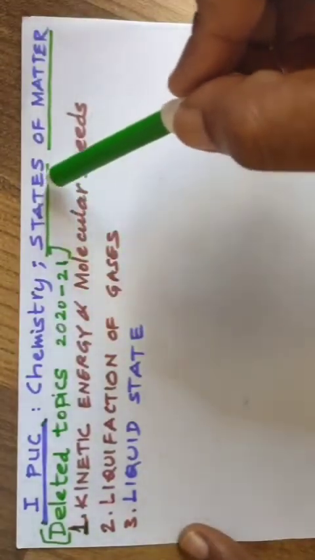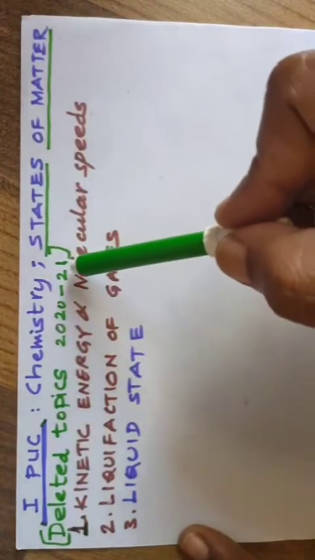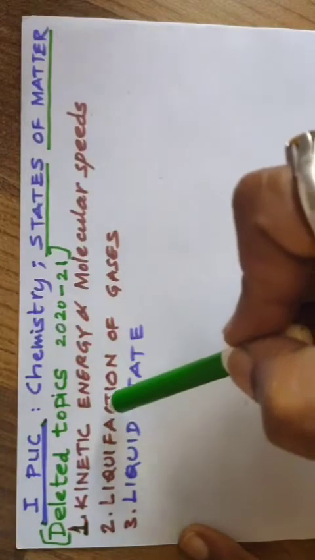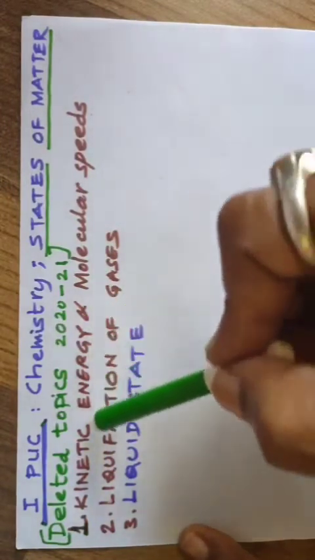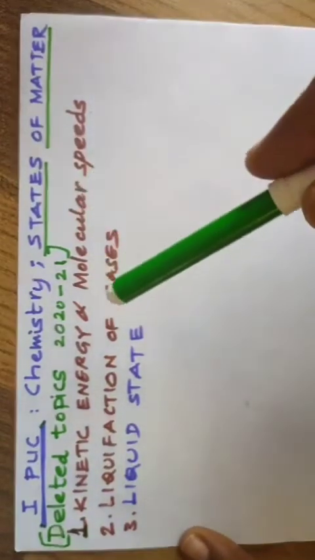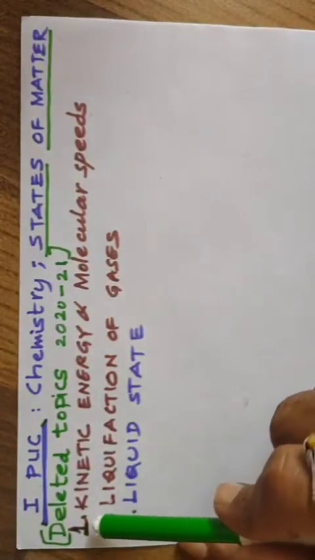The name of the chapter is States of Matter. During the 2020-21 academic year, these topics were removed from the portion, but as a whole, they are useful from the competitive point of view, for NEET and JEE. Yes, let's take those topics.